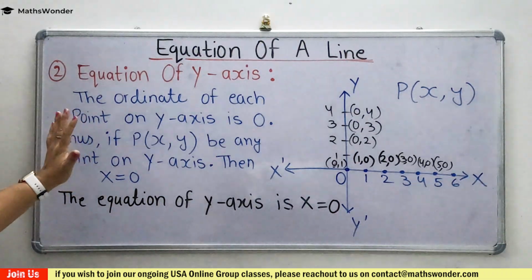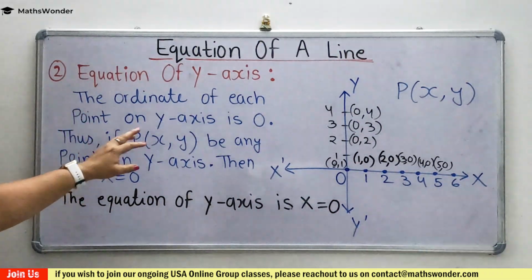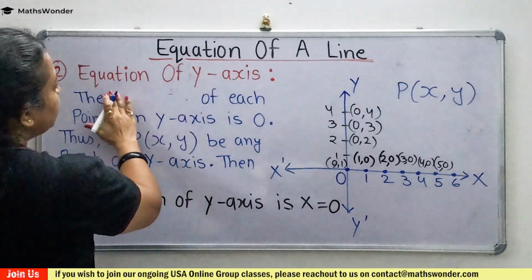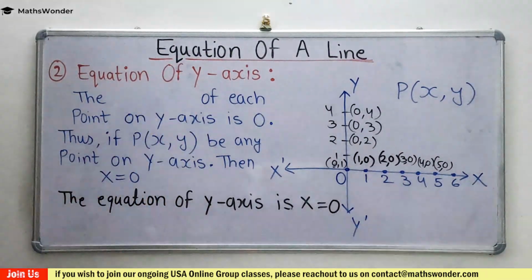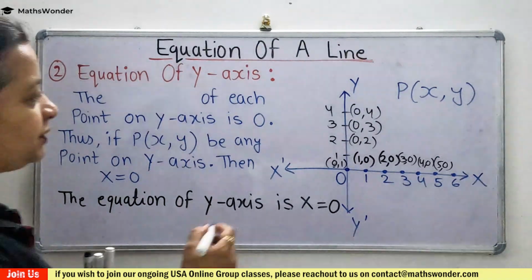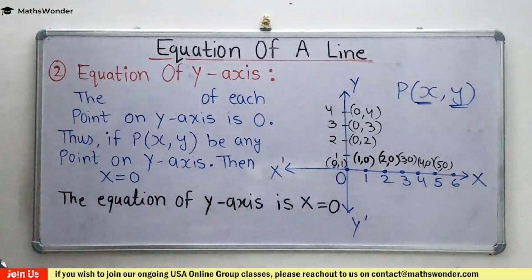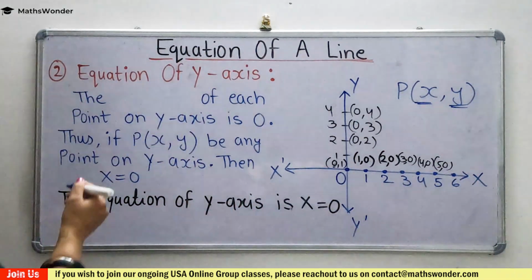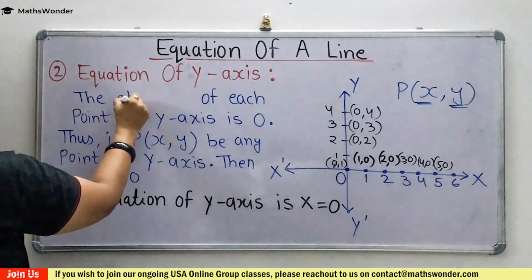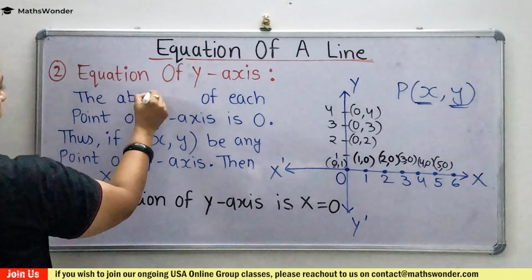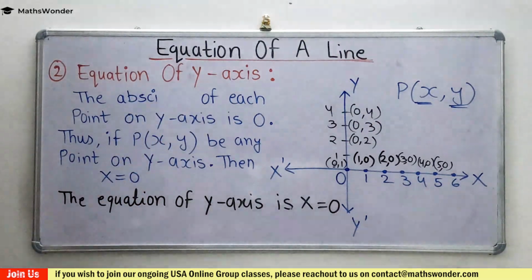So the equation of the y-axis is, we know that the abscissa, not ordinate, sorry. Some books use it differently, but I use x for the first part, which is the abscissa, and y for the ordinate. And when we write it together, we call it a coordinate. So write down the exact word, abscissa.